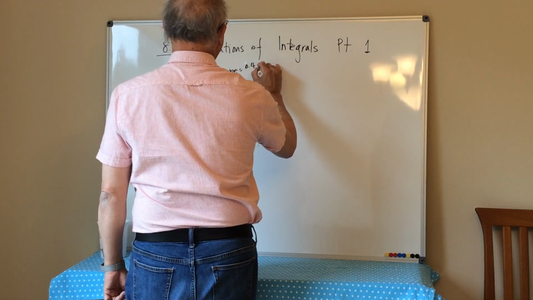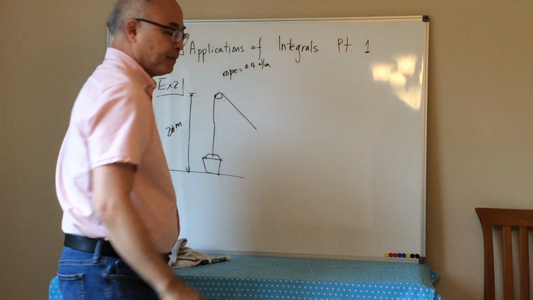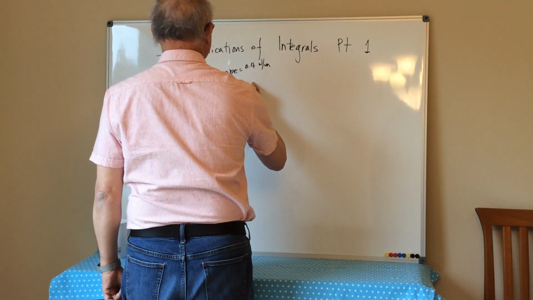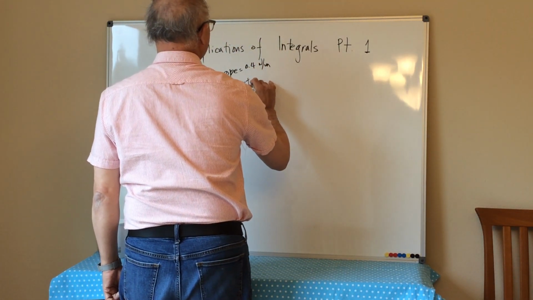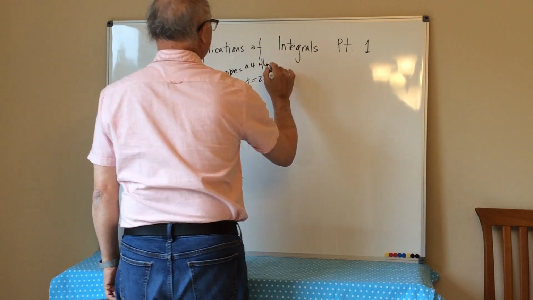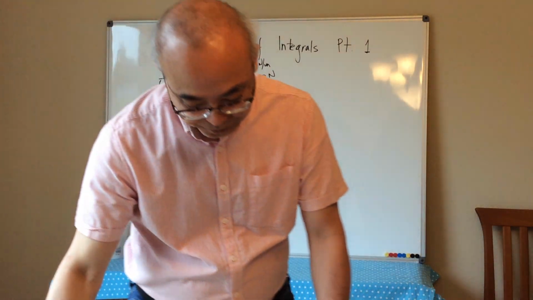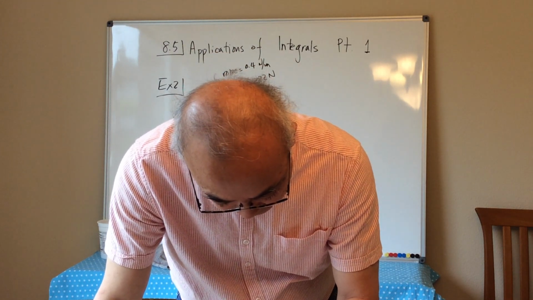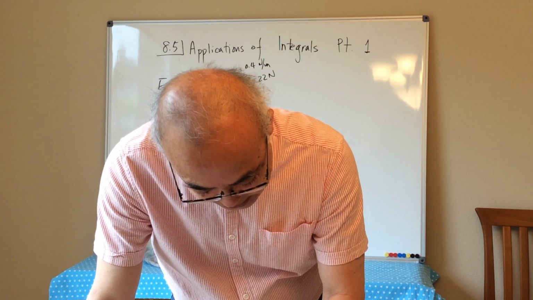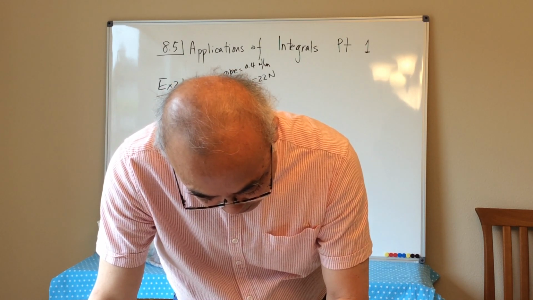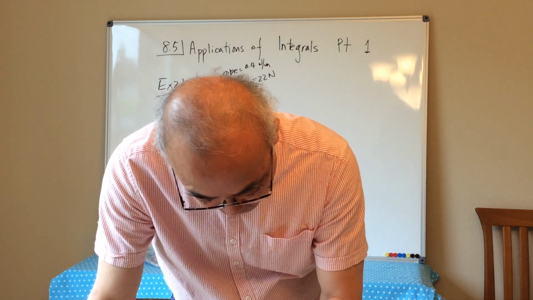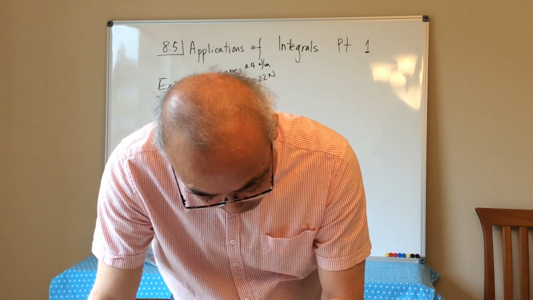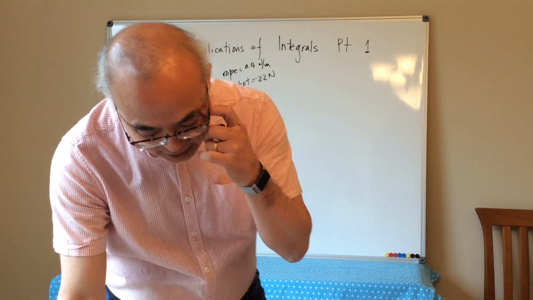The bucket is 22 newtons. It starts with 70 newtons of water, but it leaks at a constant rate, and it just finishes draining as the bucket reaches the top.